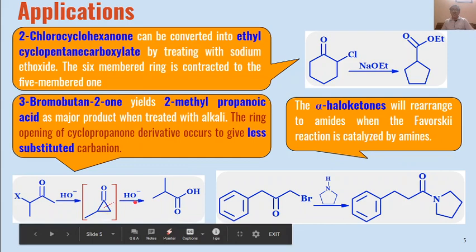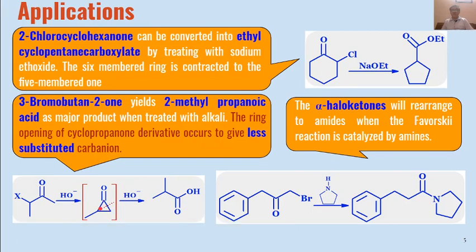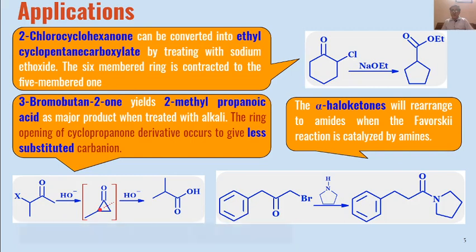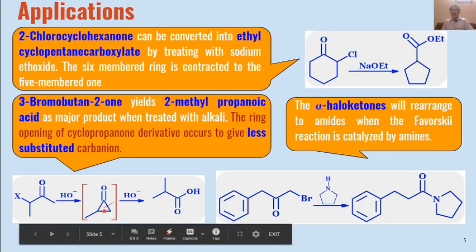And now we know that the base is to attack this carbon of the carbonyl, and after that a carbon-carbon bond is to be broken. Either this carbon-carbon bond or this carbon-carbon bond can break. But here you can see that this carbon-carbon bond has a different environment than this carbon-carbon bond.